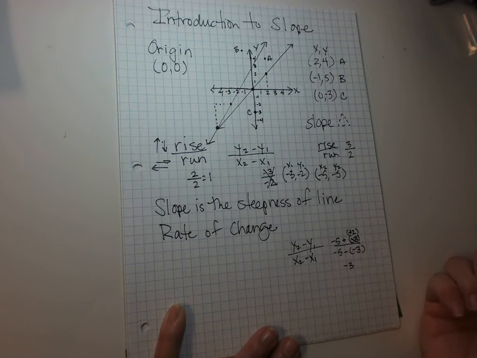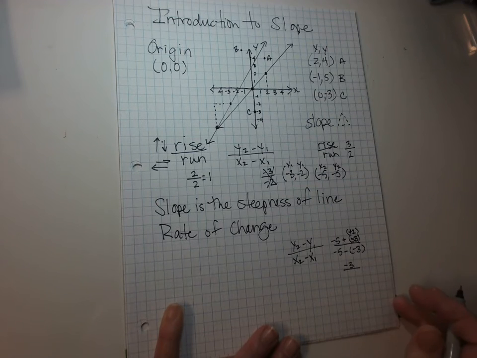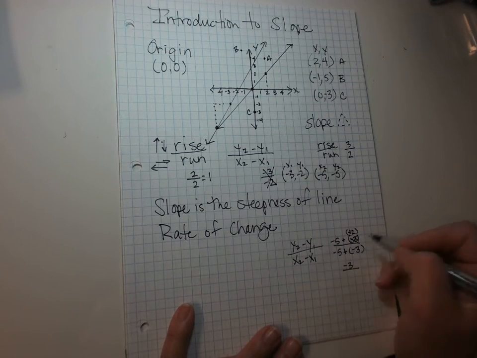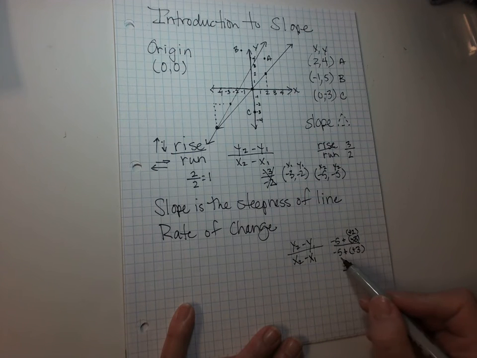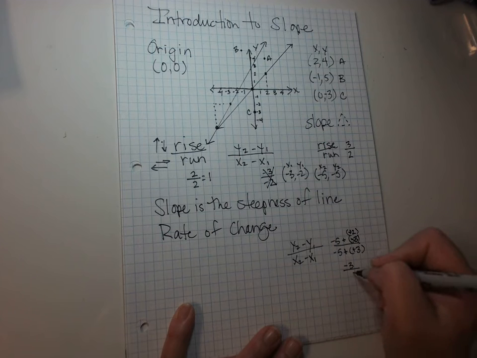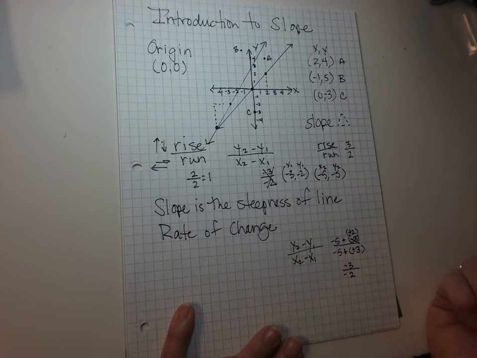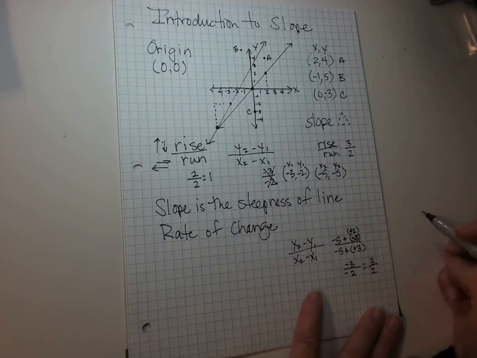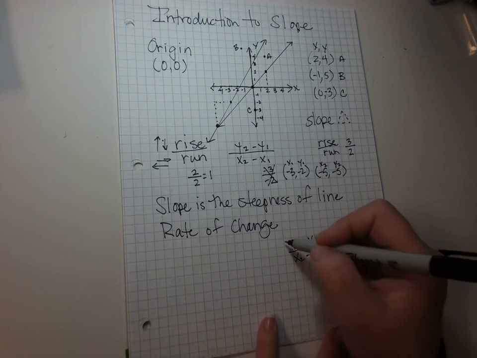So we keep that negative, and then we come down and do the same thing. -5 minus 3 is going to be 2, and it's negative, and negative over a negative becomes a positive. So that is 3 over 2, which is the same thing.